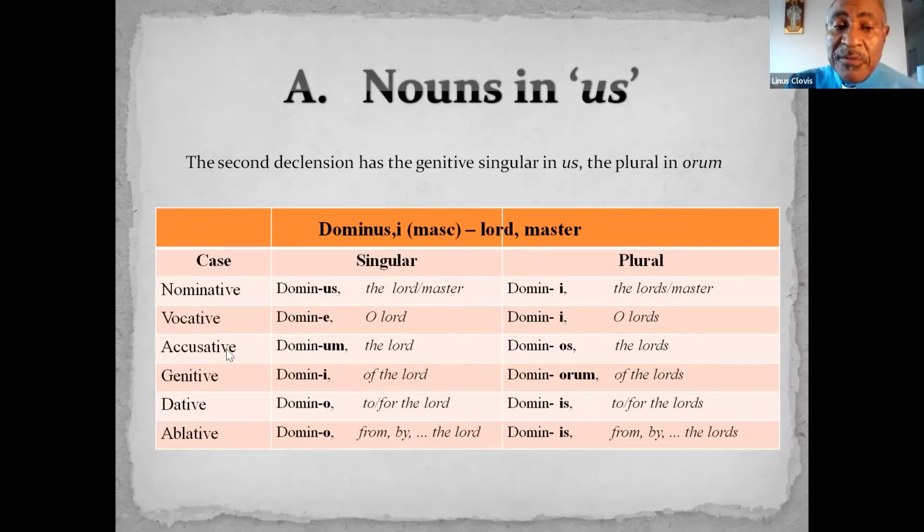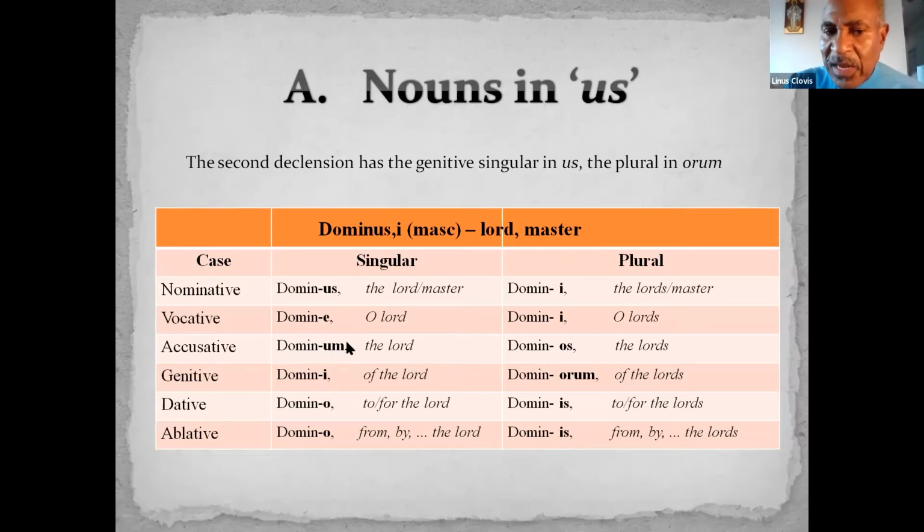The accusative, well, again, what happens is the US becomes UM. And you'll find this is very similar to what happened in the first declension, because it was AM, if you remember. Usually for the accusative, the accusative ends in an M as a rule.